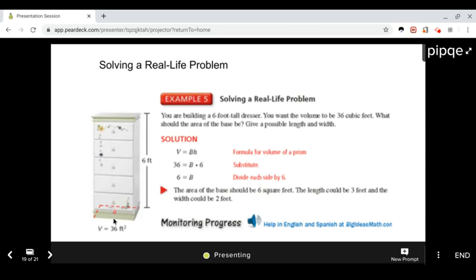I was thinking 1 times 6, but that dimension would not work here, because if it was 6 across and then 1 this way, it would not be a natural dimension for this 6-foot tall dresser, and it wouldn't be very ideal. So in terms of being realistic and solving a real life problem, I think the length would have to be 3 and the width would have to be 2. But obviously those are just your own observations.